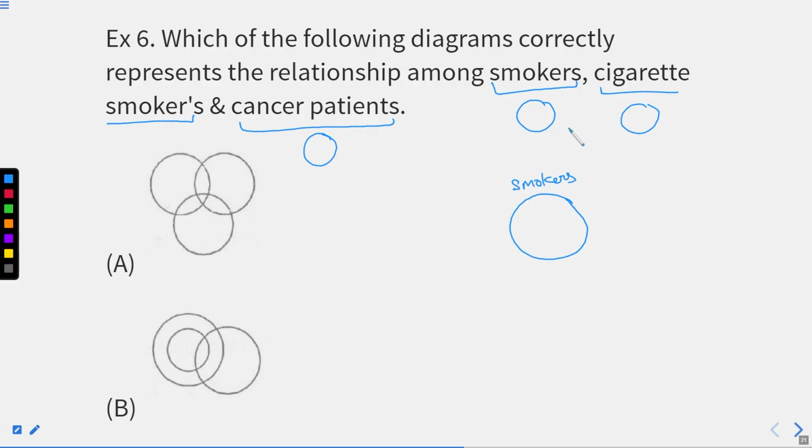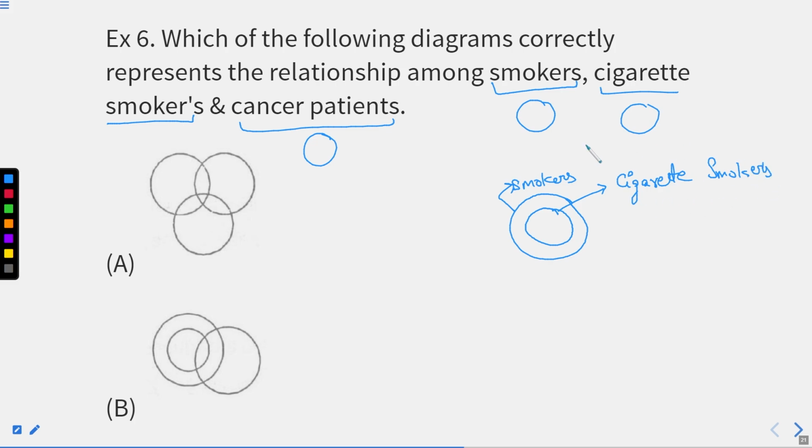Don't you feel those who are cigarette smokers are also called smokers itself, right? So let's say this circle represents smokers, and this circle represents cigarette smokers, right? So there is no difference.